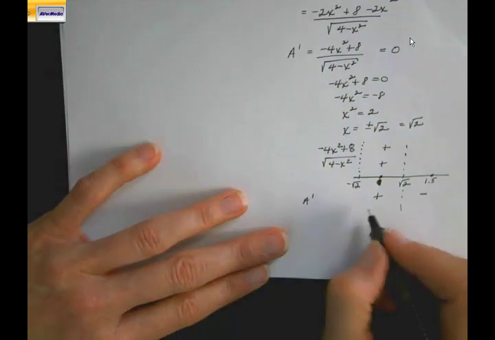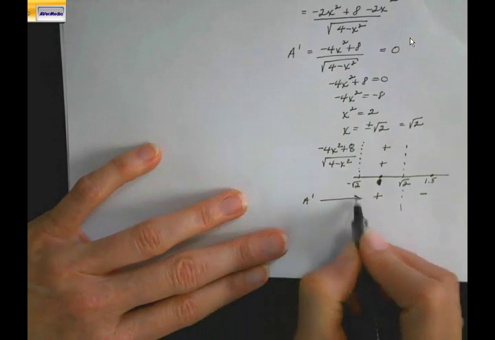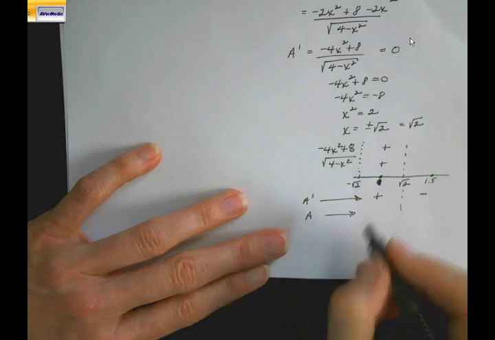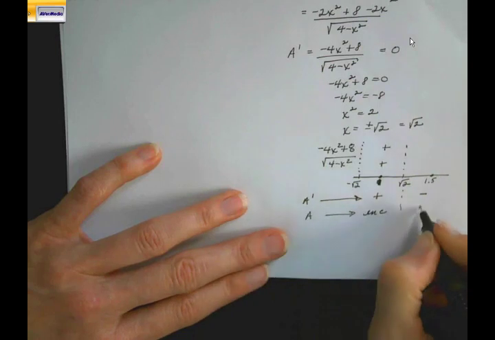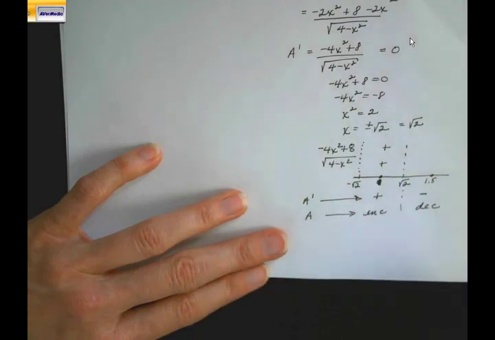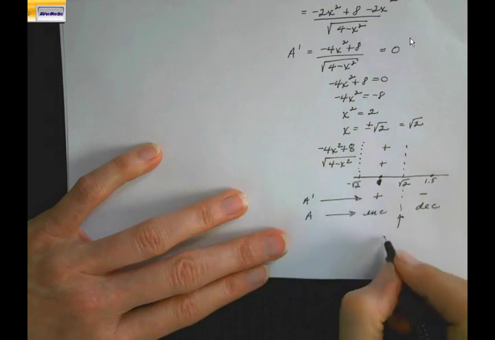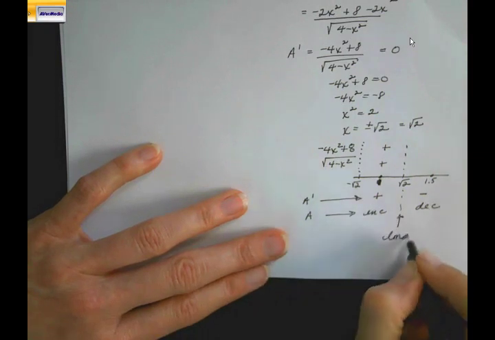Okay, so now your first derivative is positive, which means your area function is increasing, and then your area is decreasing. First derivative being positive means your area function is increasing. Negative means it's decreasing. So if you're going up and then down, sure enough, this is a local max.